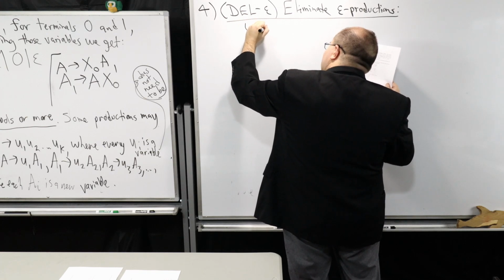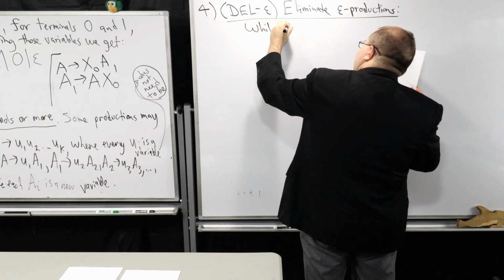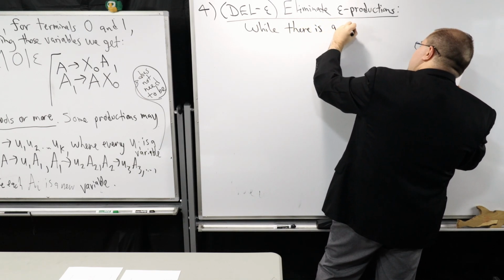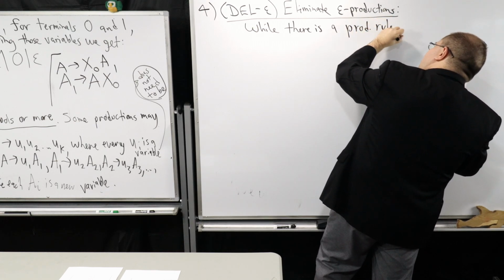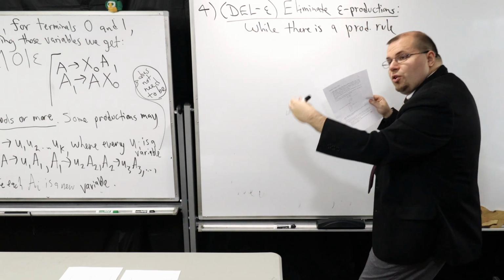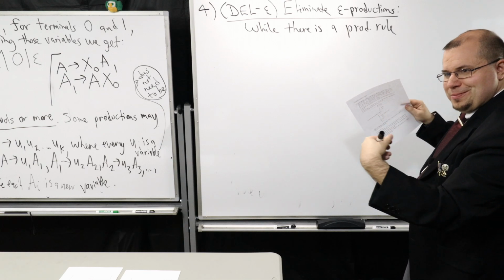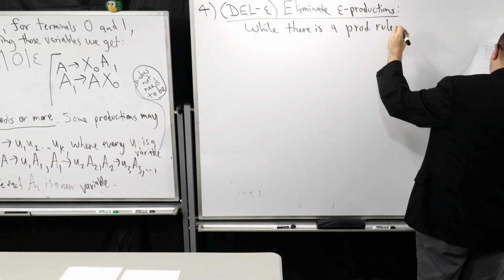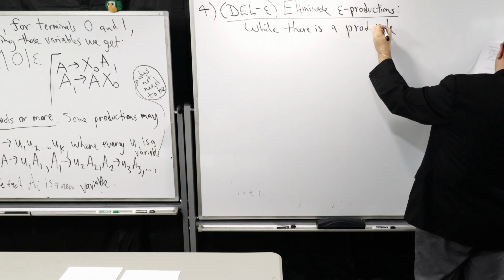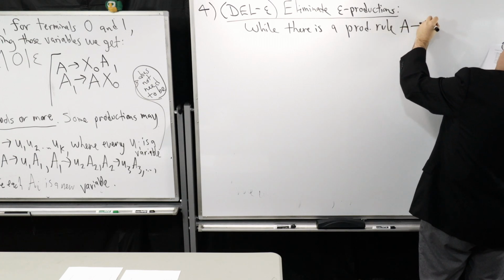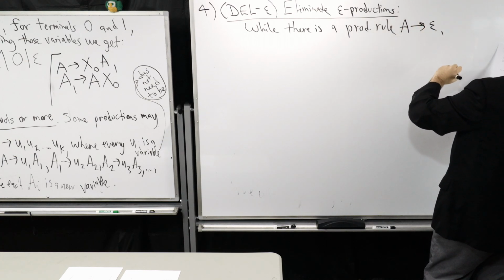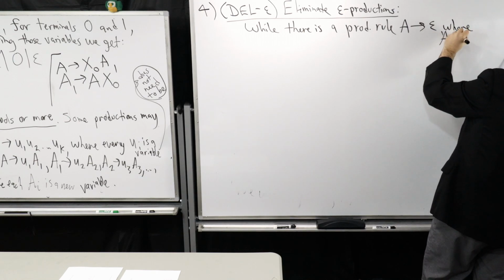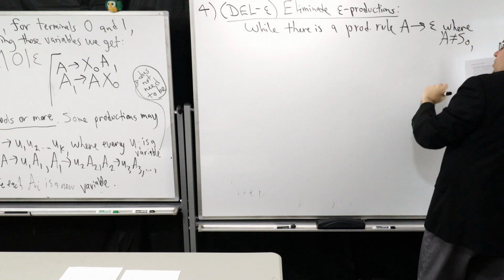So while there is a production rule, so when I say while, that means you're going to repeat this process over and over again, just like you're thinking of a while loop. You're going to keep repeatedly doing this process until the following. While there is a production rule A produces epsilon, where A is not equal to the new start symbol that I have, we're going to do the following.